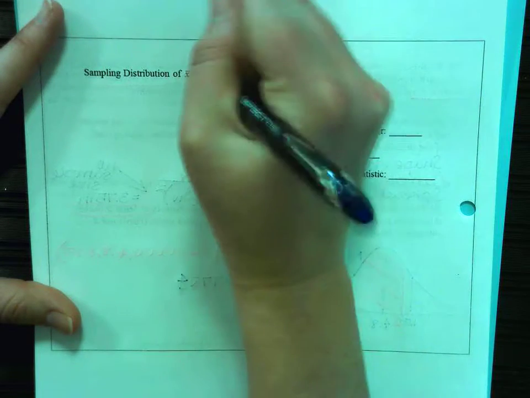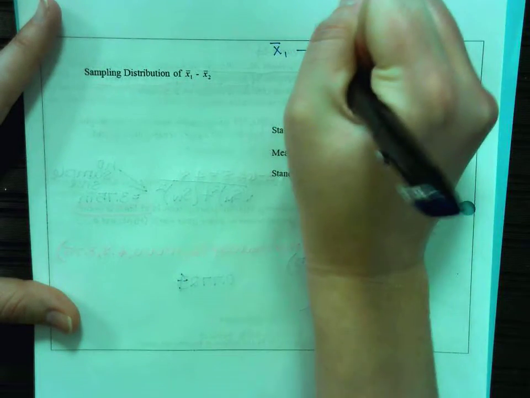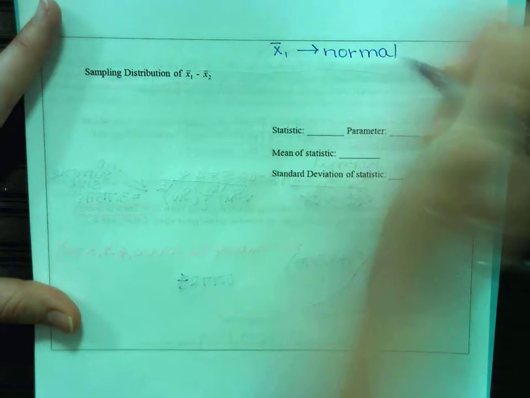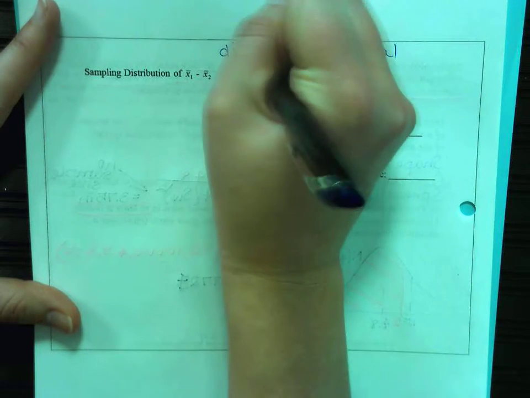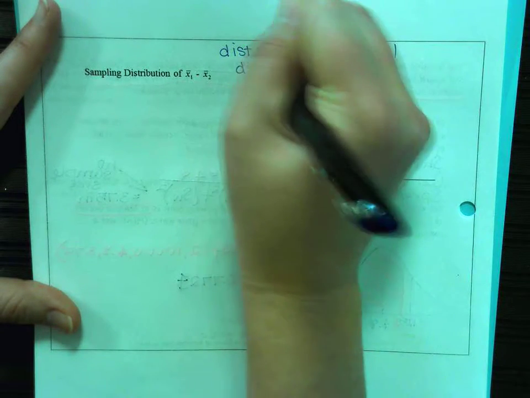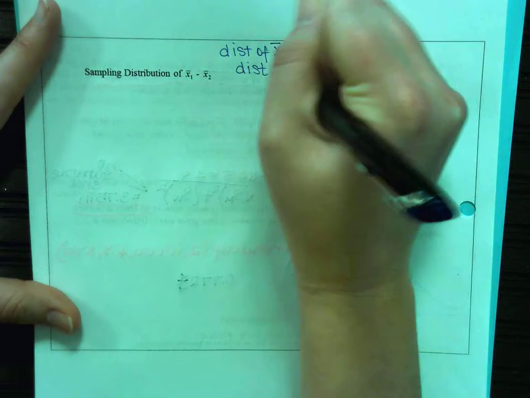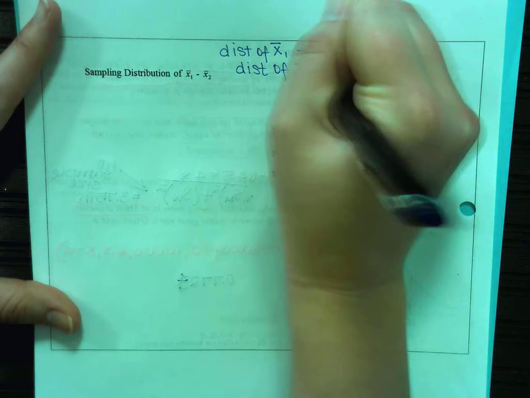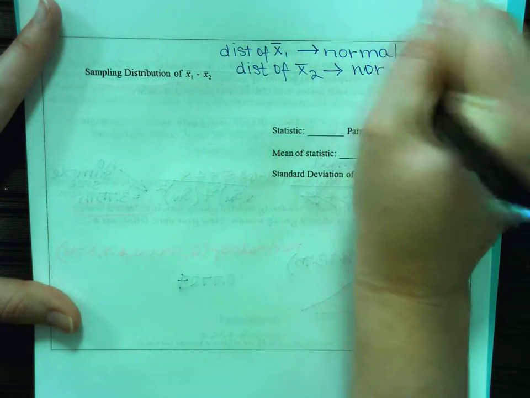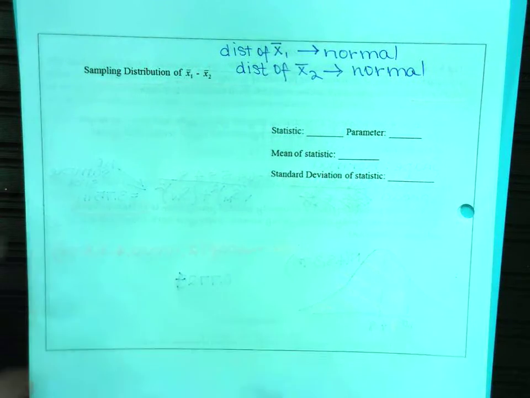So if the distribution of x bar 1 is normal, and the distribution of x bar 2 is also normal, then we can assume that the distribution of the differences would be normal.